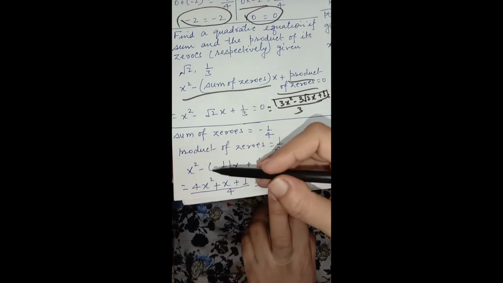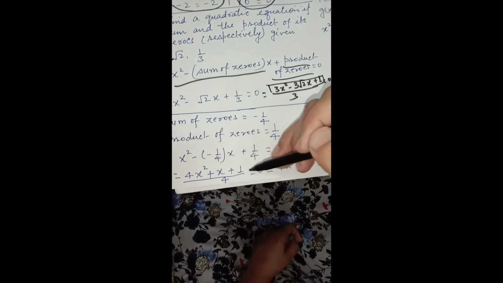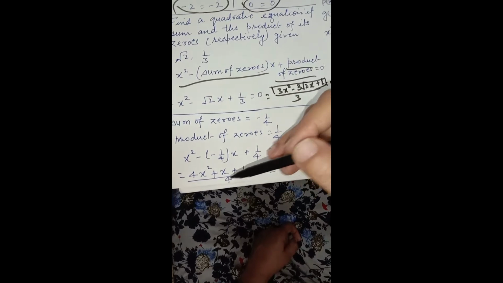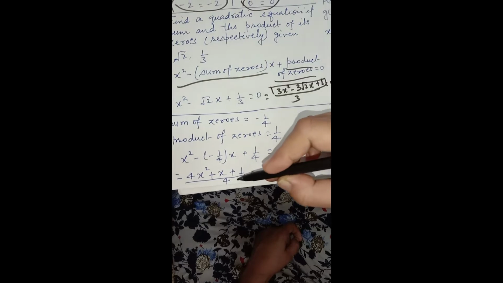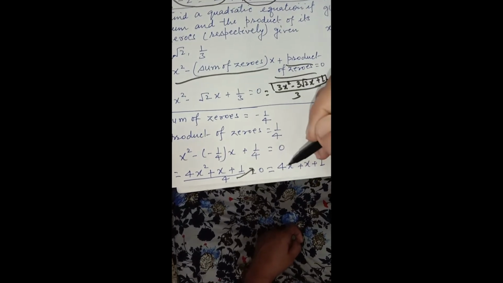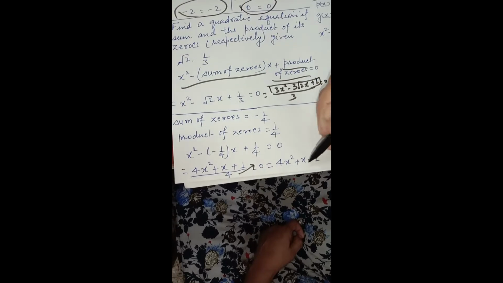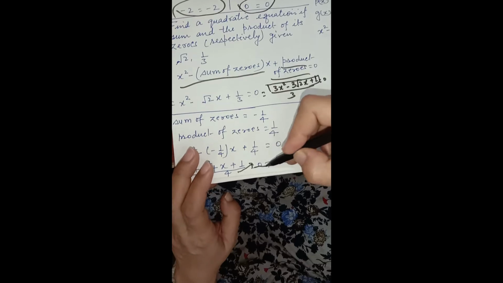So 4x square minus, minus will make plus, it is plus x plus 1 equals to 0. 4 will be multiplied with 0 and when it is cross multiplied to the right side, it will be multiplied with 0. It will make the equation as 4x square plus x plus 1 equals to 0. This is the equation.